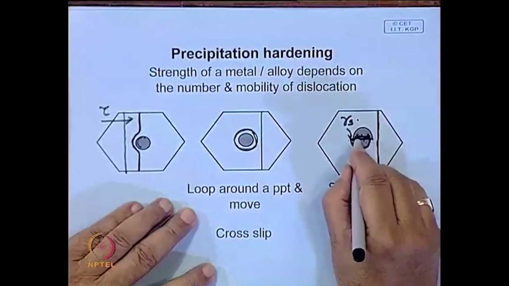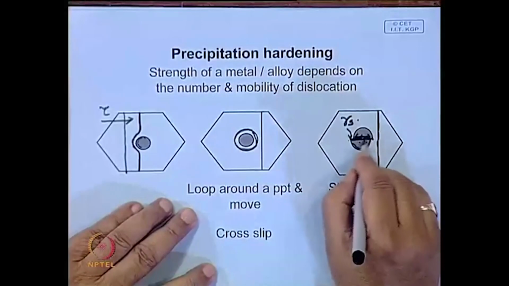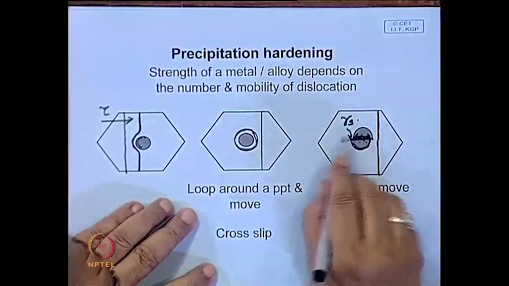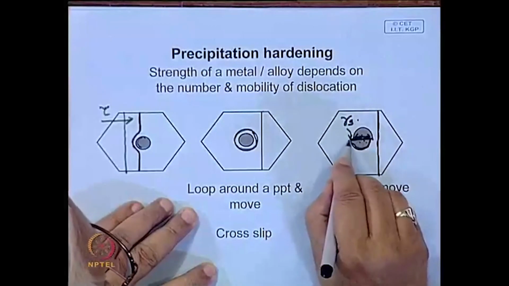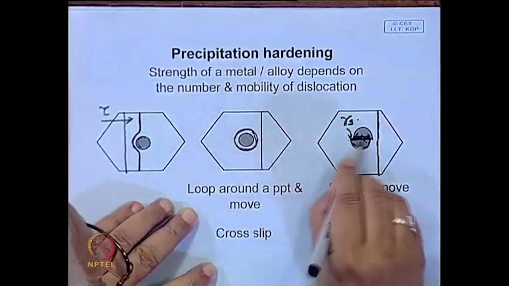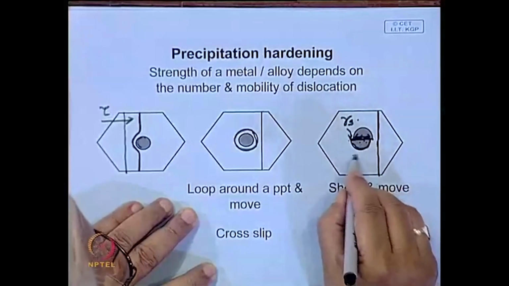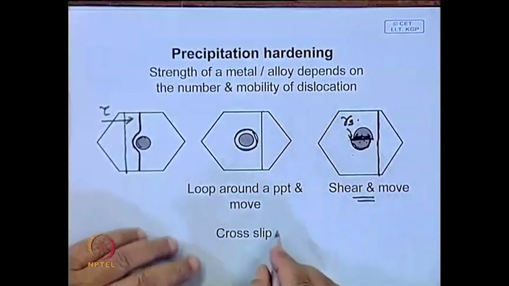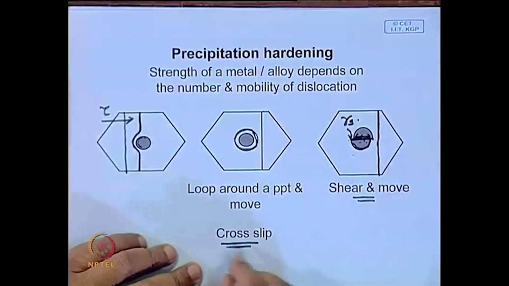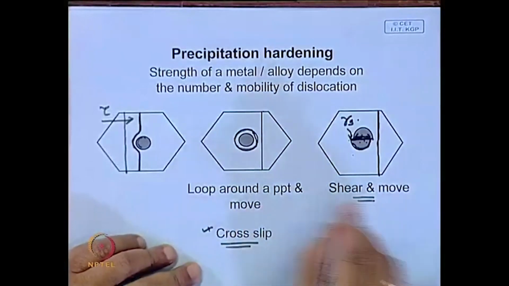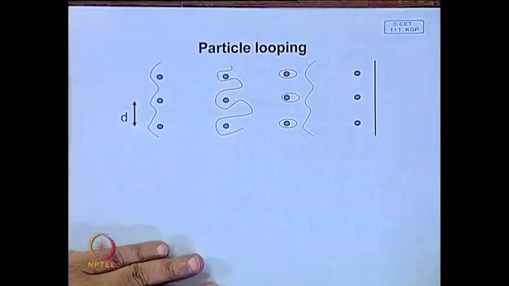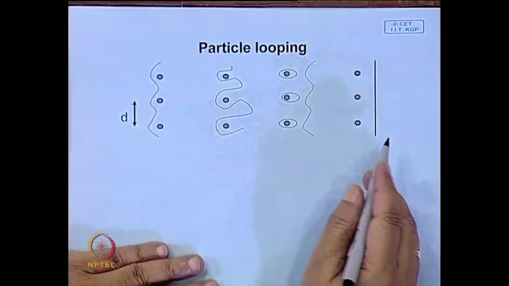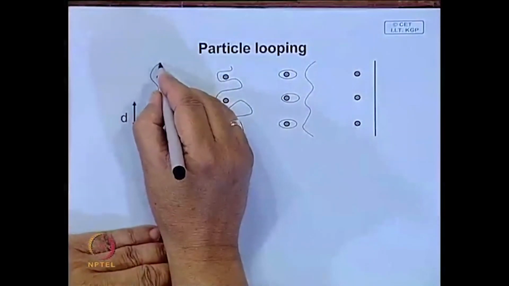So, to slip or shear the precipitate, you need a sufficient amount of stress. This is the other mechanism. There is also a possible mechanism, cross slip, but we will not consider it here. I think these two are the most important to understand the process of precipitation hardening.